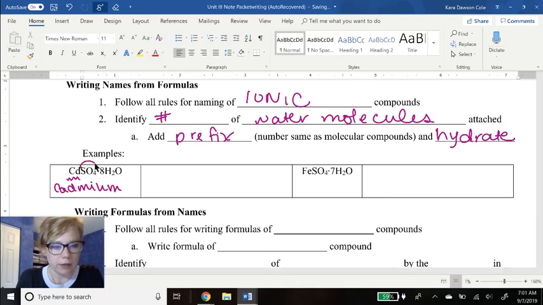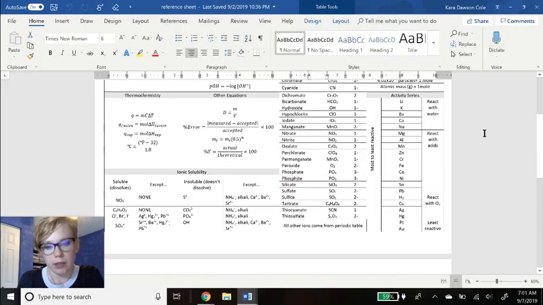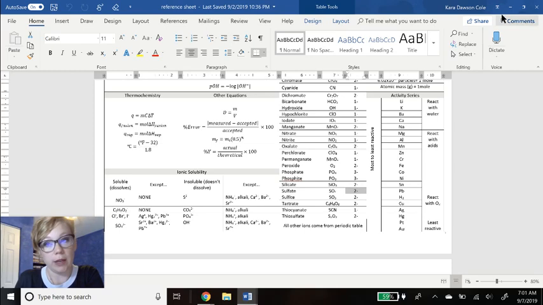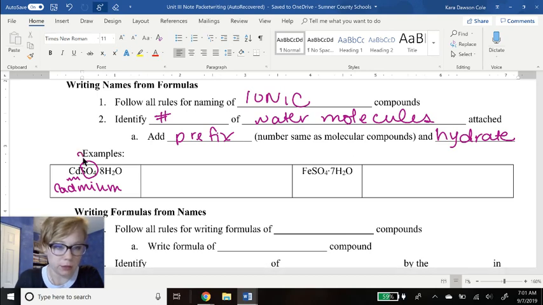And then I have sulfate, SO4. If I didn't know it was sulfate, I could go to my reference sheet again, go all the way up. SO4 is sulfate, right? Now, I look at the charge for sulfate. It is 2 minus. So if sulfate is 2 minus and I only have 1 cadmium ion, that means cadmium has to be 2 plus charge.